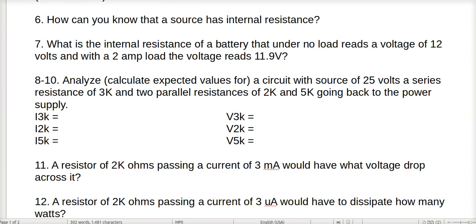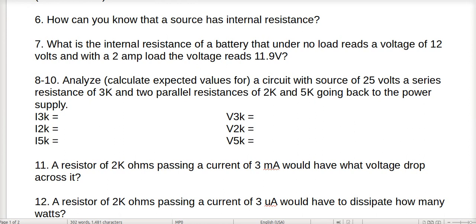A lot of times in a class like we've got, we don't worry about the internal resistance. It's considered something called stiff, because the internal resistance is very small as compared to the load resistance. And if that's the case, we can ignore it, which makes the circuit analysis much easier. But in reality, it's there, and it's an important concept again to know.